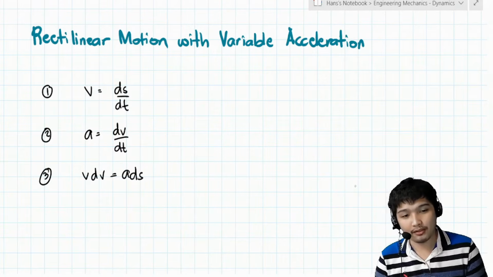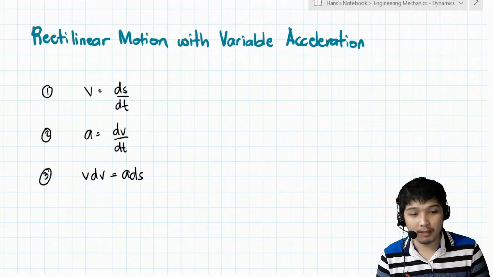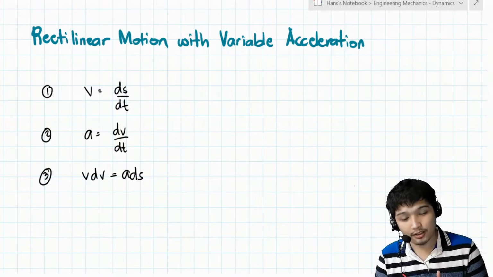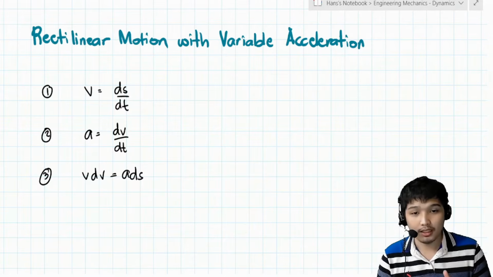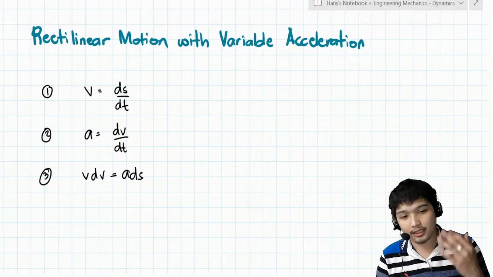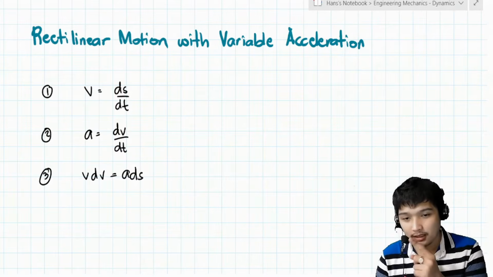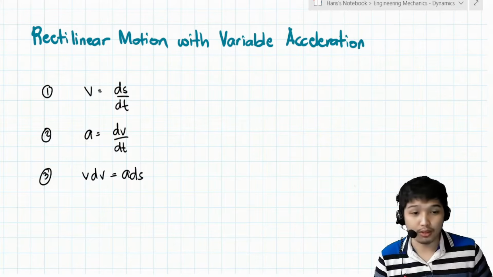Now we define the velocity as a function of time t. Pwede yun. Or pwede naman, ang ginagawa is we start with the acceleration. So we define the acceleration as a function of time t. So anyways, either of the three na sinabi ko, we can directly use any of the three equations na yan, whichever is suitable.